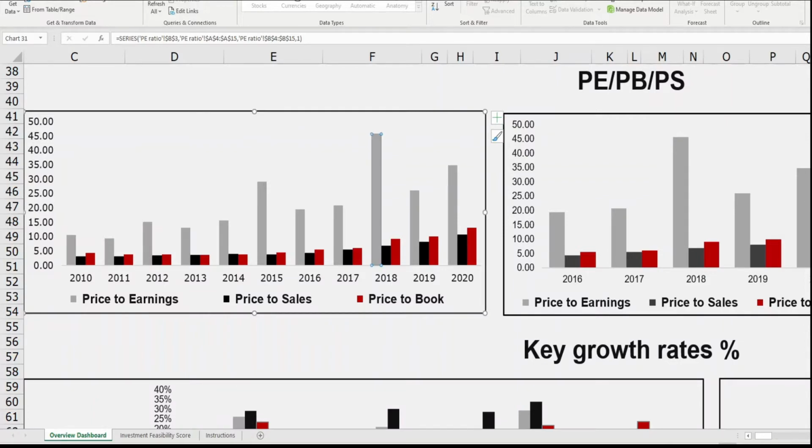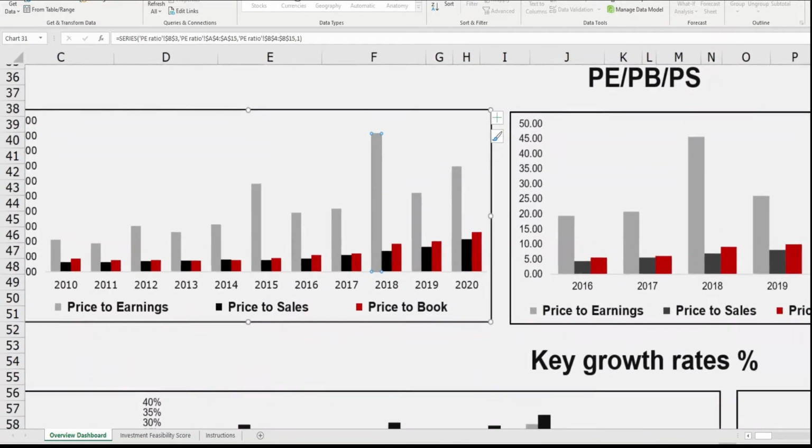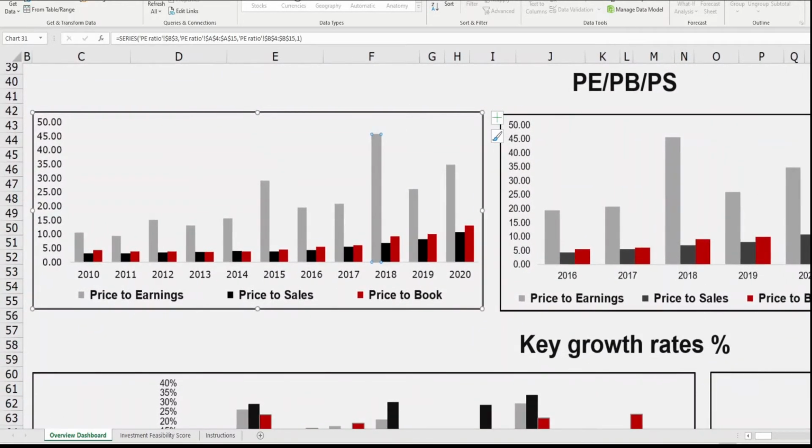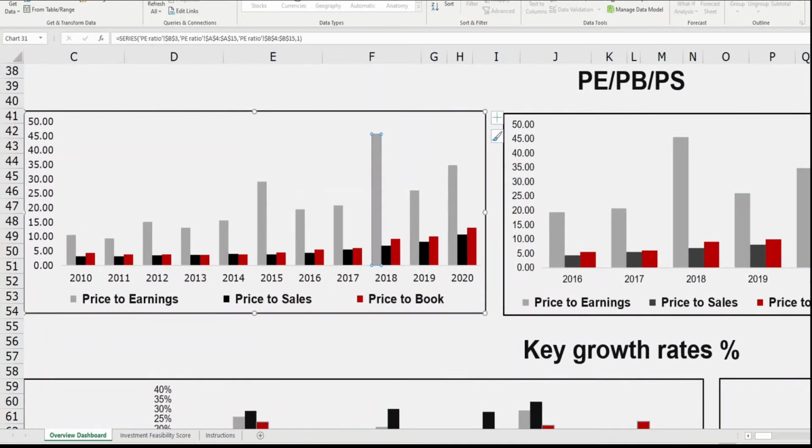Over here we can see that in 2018, wow, the PE ratio is 45. So in that case, it simply means that the stock was too overpriced, and it will take a lot of years, 45 years, for the earnings of the share to add up to be equal to the current price of the stock at that point, right? So this is how it works.